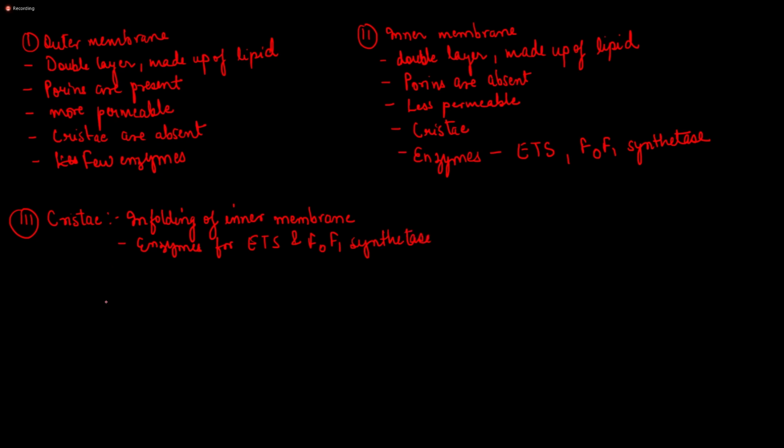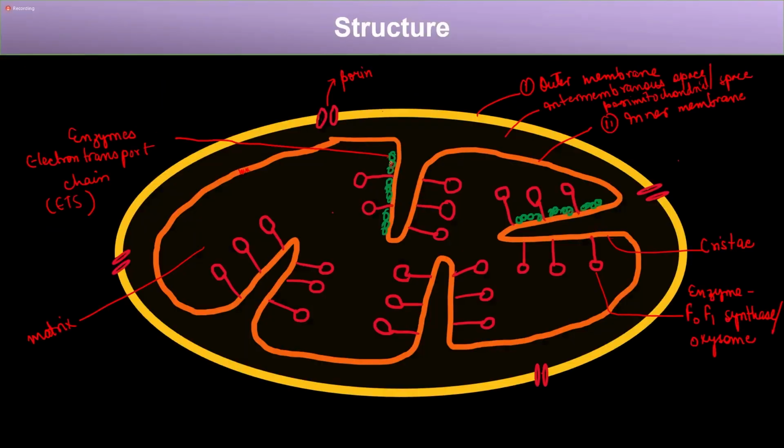Apart from this, what is the function of cristae? So it is a site for oxidation and reduction. So what do we mean by site for oxidation and reduction? Like I said, it comprises of these enzymes, and these enzymes are part of the electron transport chain.